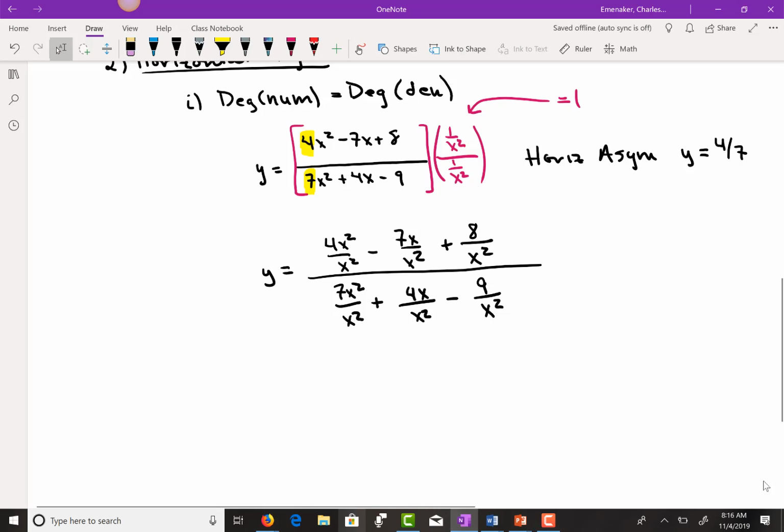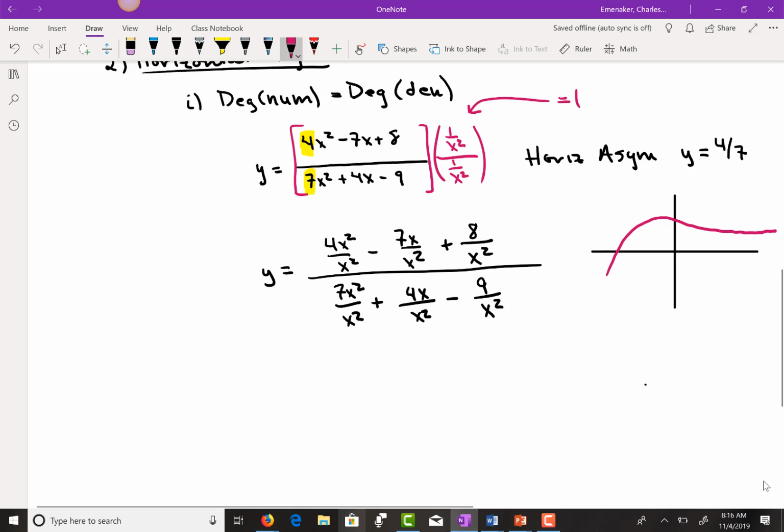What you then want to think about, for a horizontal asymptote, is what the function is doing as you move toward infinity or as you move toward negative infinity.